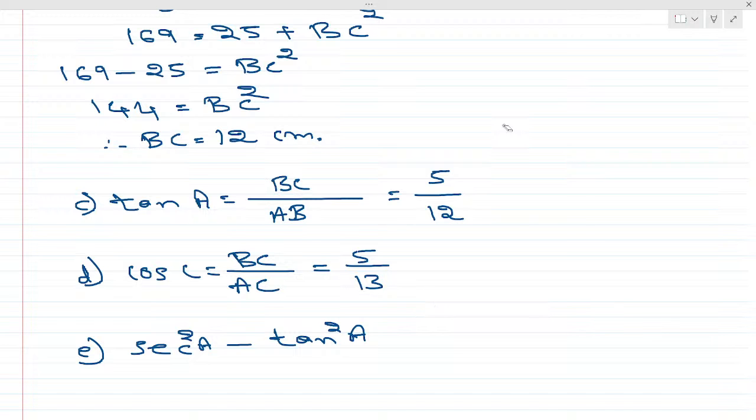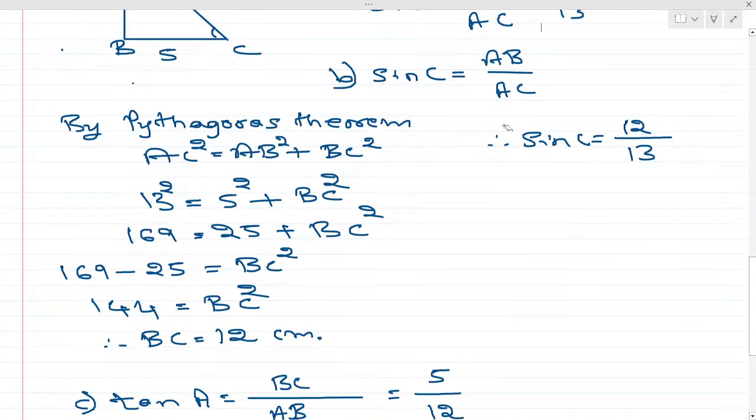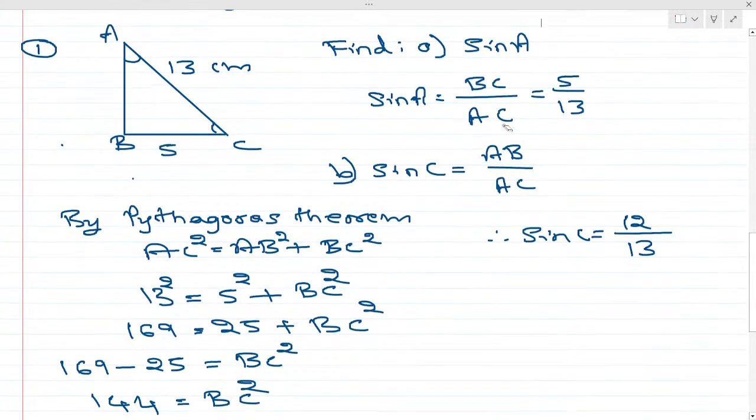Sin A we had, sin C we had, but cos A was not there. Okay.